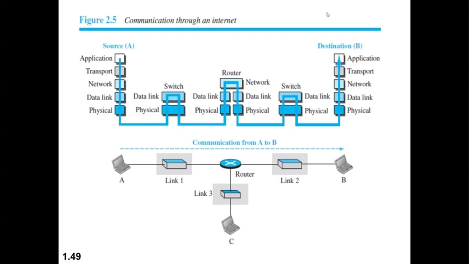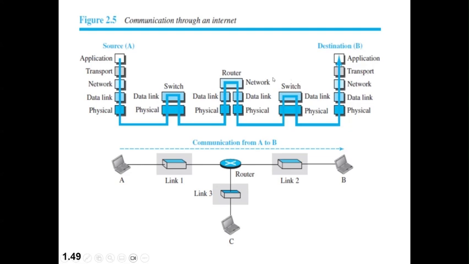But you can see in this entire process, there is only one transport layer at the sender and one transport layer at the receiver. In between, it will not go into the transport layer of any of these devices. So we say the transport layer is an end-to-end layer. Means the sender transport layer is communicating with the receiver transport layer.